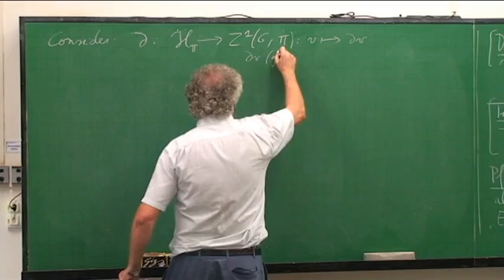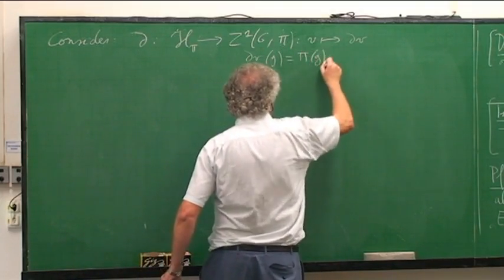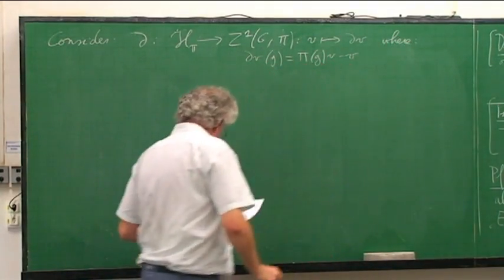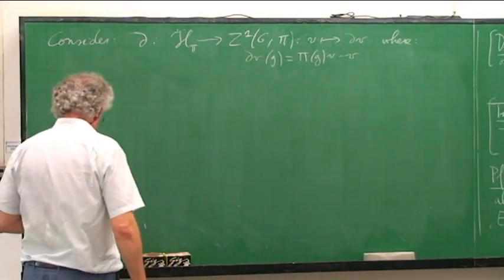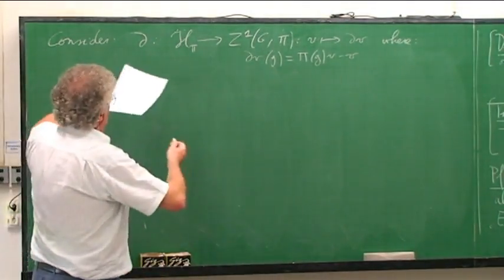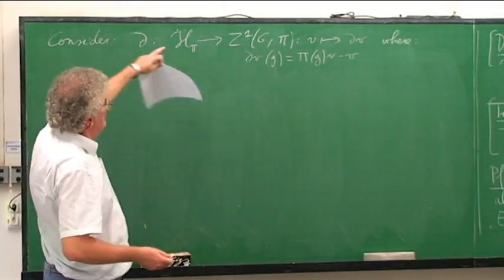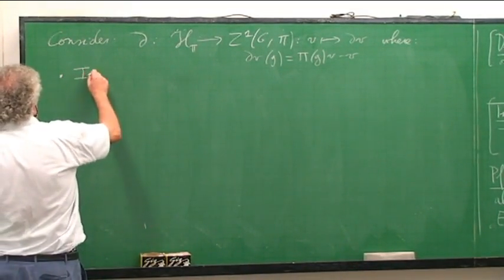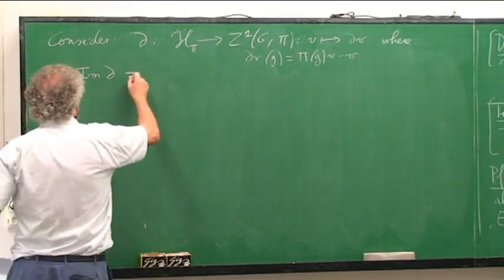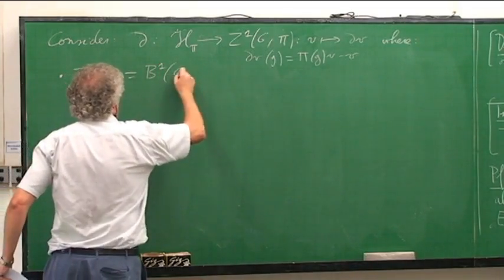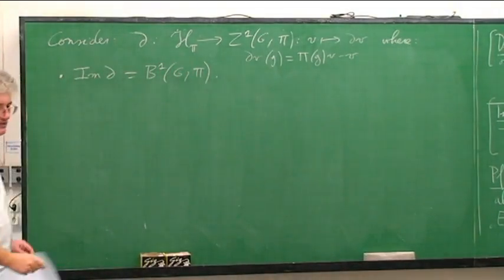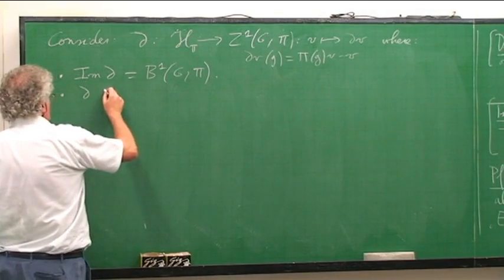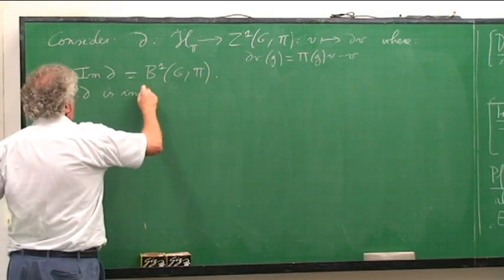So ∂v(g) is π(g)v minus v. This is a linear operator between the two vector spaces. First, the image of this map is, essentially by definition, the space of 1-coboundaries. The second observation is that del is injective.